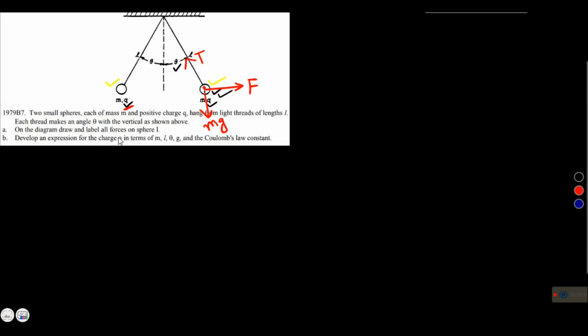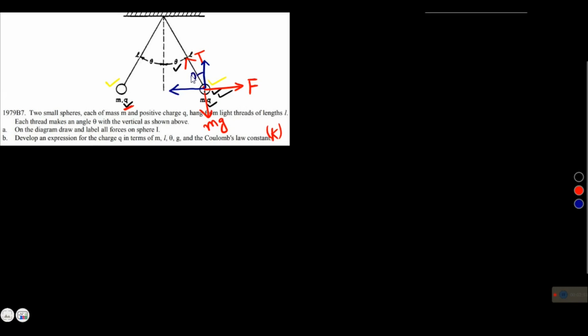Second, develop an expression for the charge q in terms of m, L, theta, g and Coulomb's law constant, that is k. For this we can break the forces into components. We can break this tension in two components, one vertical and another horizontal.